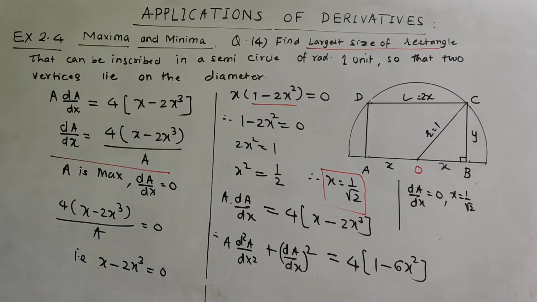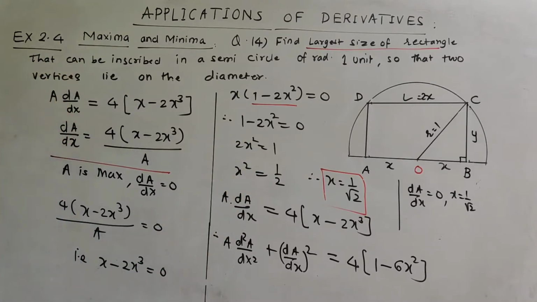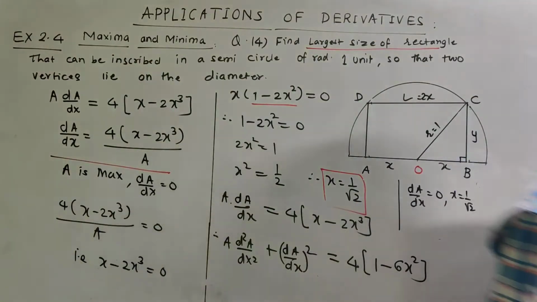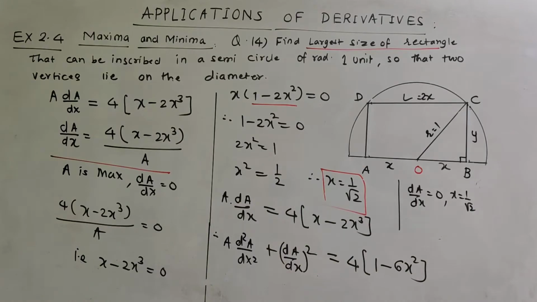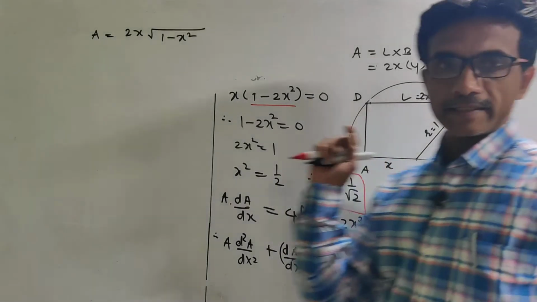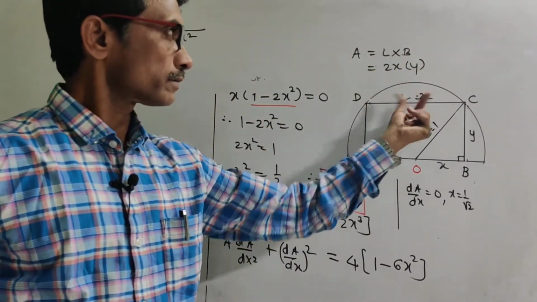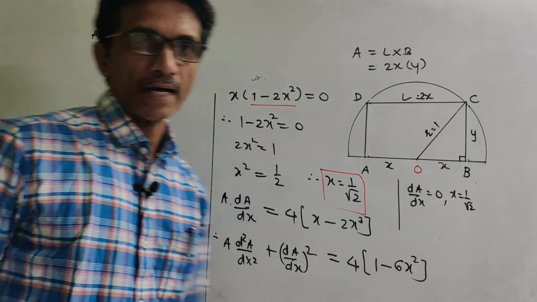Now as we said, area A is equal to how much? The area of the rectangle is length into breadth, that is, 2x is the length and breadth is y.